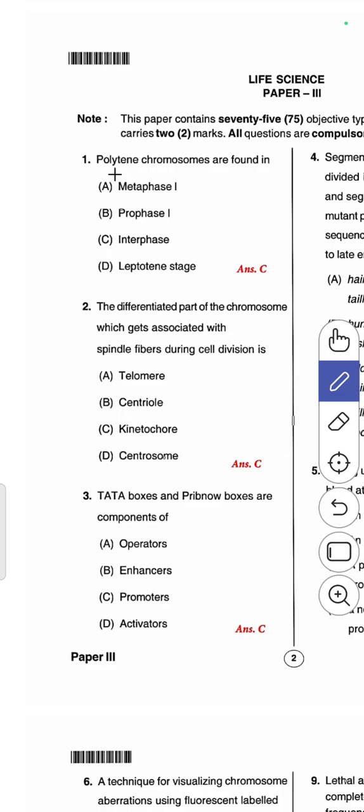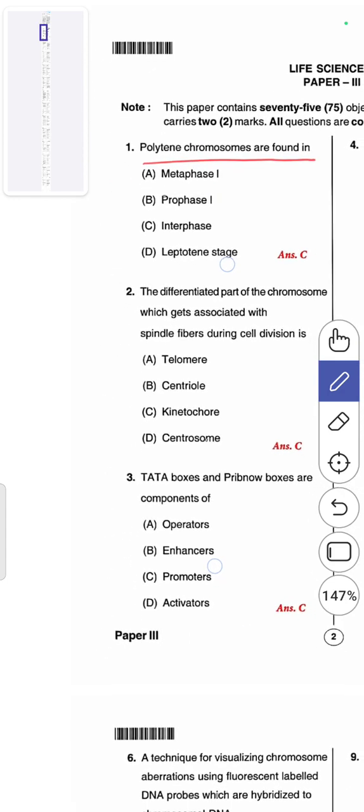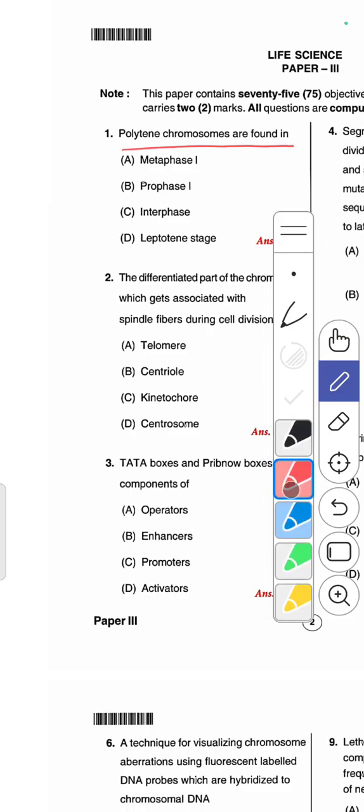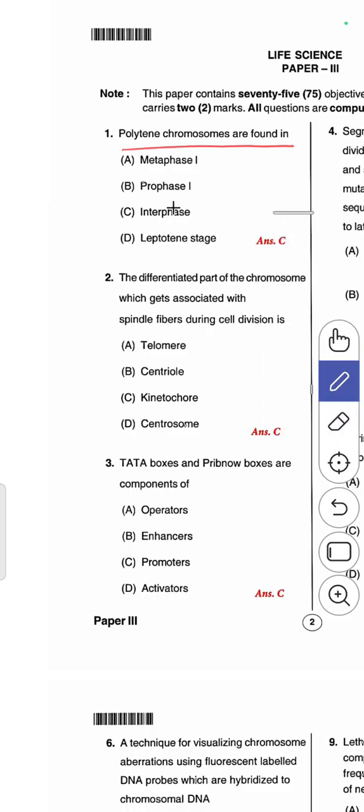So, read out the first question. Polytene chromosomes are found in. Where do you come across these polytene chromosomes? The polytene chromosomes will be found during the interphase stage of the cell division.